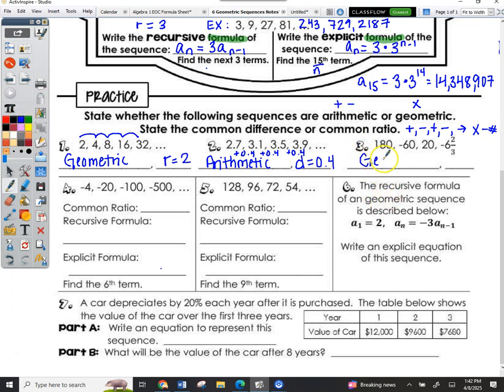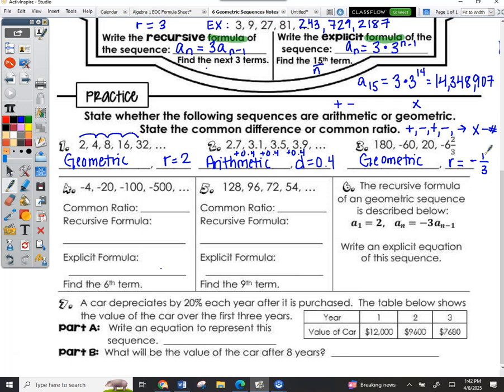This was a tough one. They're not all like this. But let's just remind you of a couple of things. Number one, we knew it was geometric because it's clearly not adding or subtracting the same number. Number two, we knew it was multiplying by a negative because it's oscillating between positive and negative.